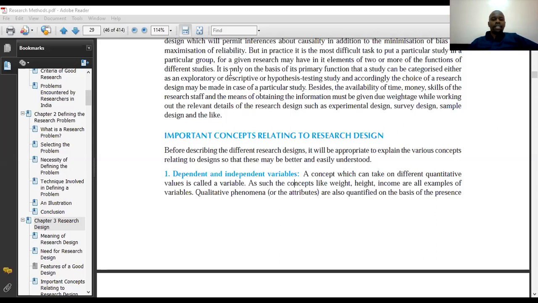A dependent variable is one that depends on another. In other words, it can change based on an independent variable.